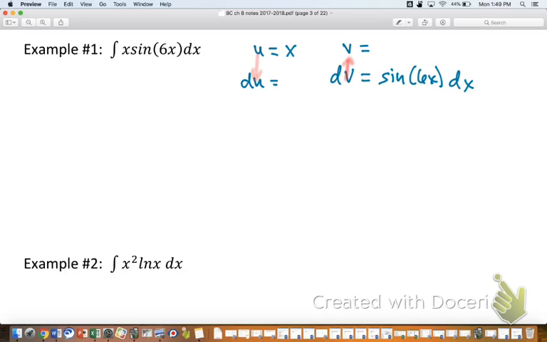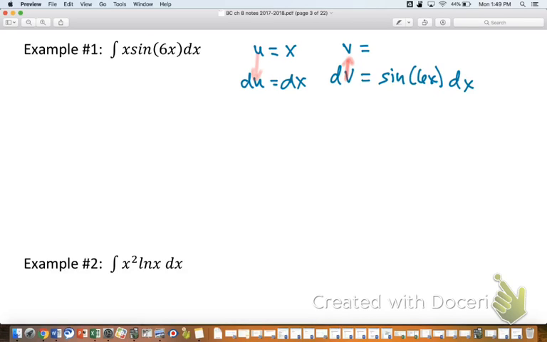Let's see if it's good. In order to go from u to du, that's a derivative, right? Specifically, it's going to be a differential. So the differential of x would just be dx, like 1 dx, if you will. The derivative of x is 1, so it'd be 1 times dx. And then what about to go from dv to v? What am I going to have to do there?